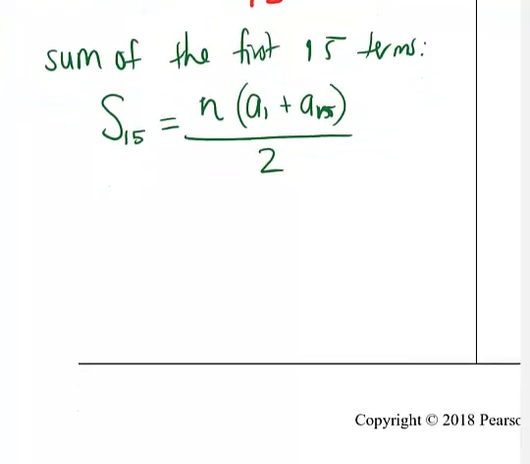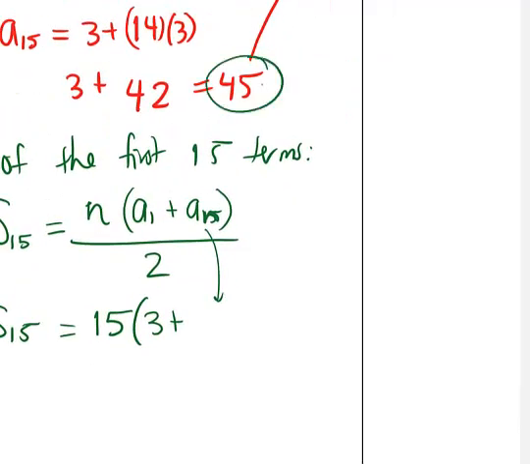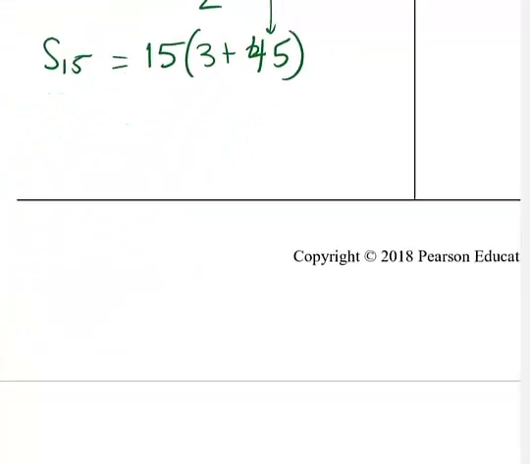Okay, now fill in what we know. S sub 15 is n, which we want to be 15, times a1, the first term, which was 3, plus a15, which we just found was 45. So 3 plus 45 goes in the parentheses, and it's over 2. The 2 is always the case in the denominator for these. That's part of the formula.